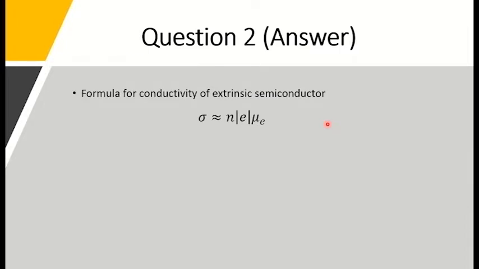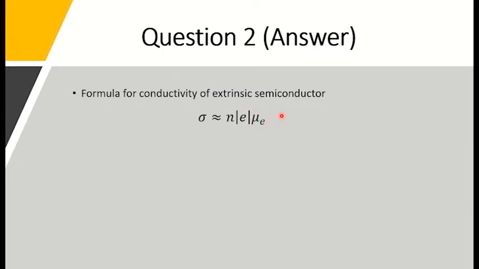That's why the majority carrier is the free electron, and we have this equation for the conductivity of an N-type extrinsic semiconductor, whereby this N here is the concentration of the free electron, and you have the e is the charge, and you have this mu e is the electron mobility.